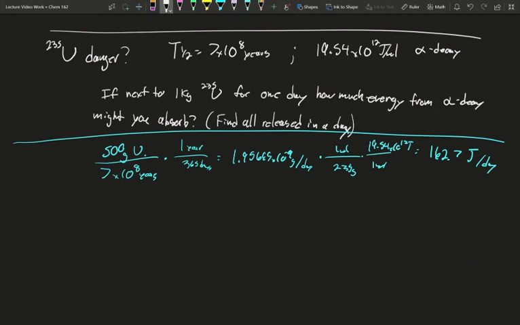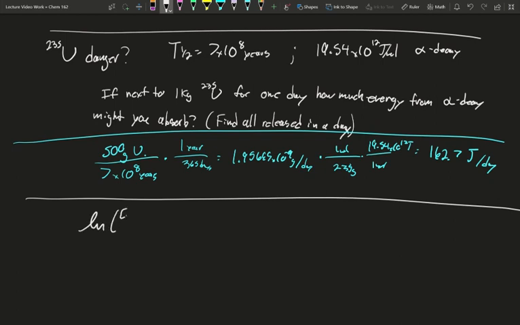So if we wanted to be more accurate about this, how do we go about that? Well, remember that the natural log of your initial concentration over your concentration at time t is going to be equal to kt. In this case, we want our time to just be a day. I'm going to need my k. Well, how do I solve that? Remember that we've got the half-life.